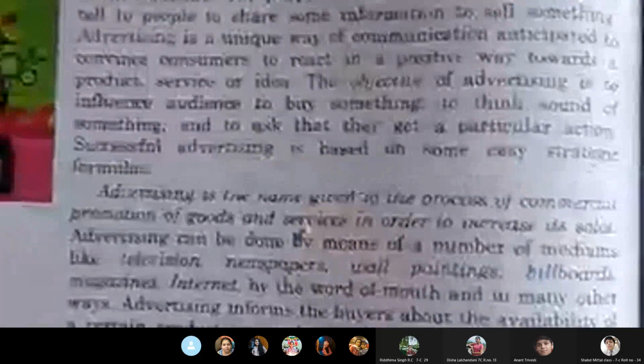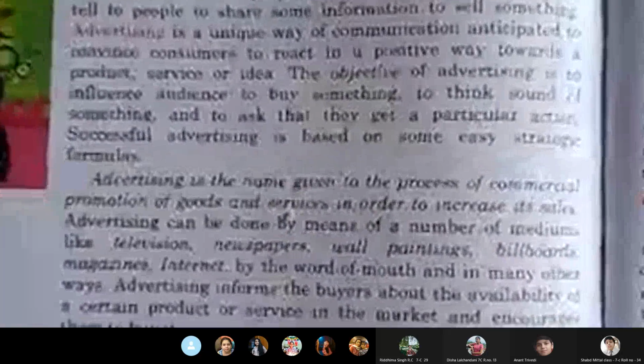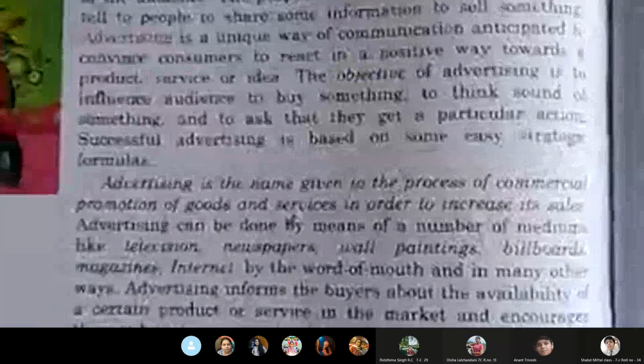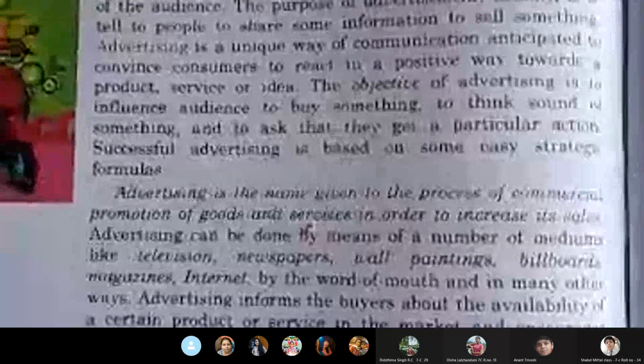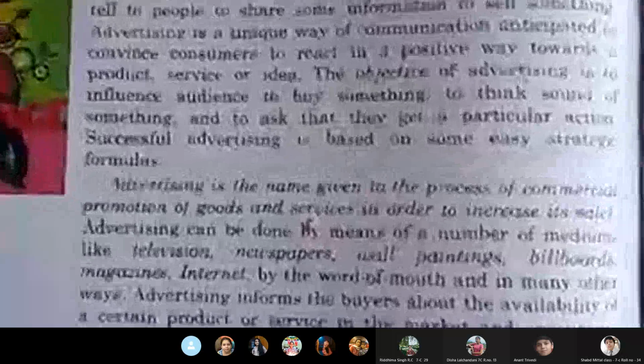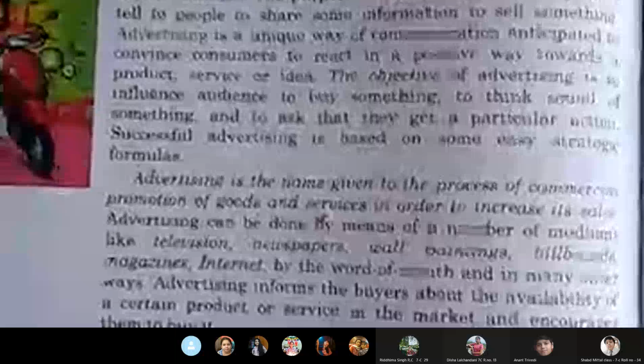Once anything is popular, you tend to buy that thing, isn't it? One of your heroes in the movie, your favorite hero, is doing that ad, and you tend to buy it. Okay, since he is in this ad, I'm going to definitely try that, isn't it?